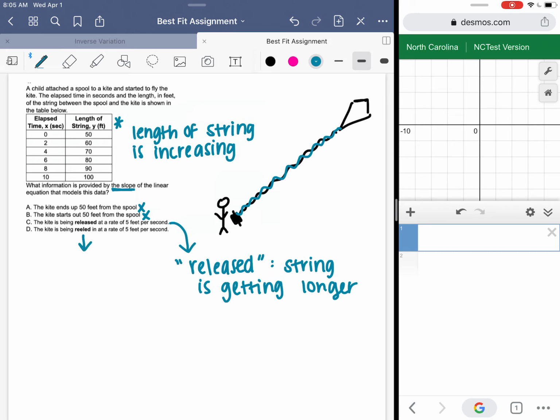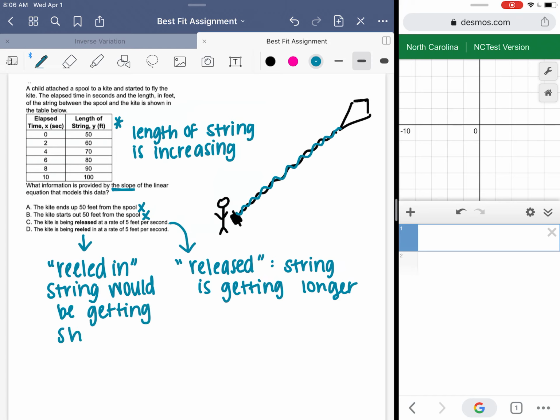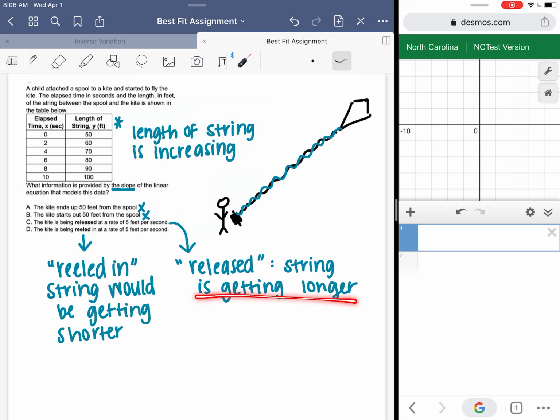If you're reeling something in, then the string would be getting shorter. So since we already know that the length of the string is getting longer, it would be released.